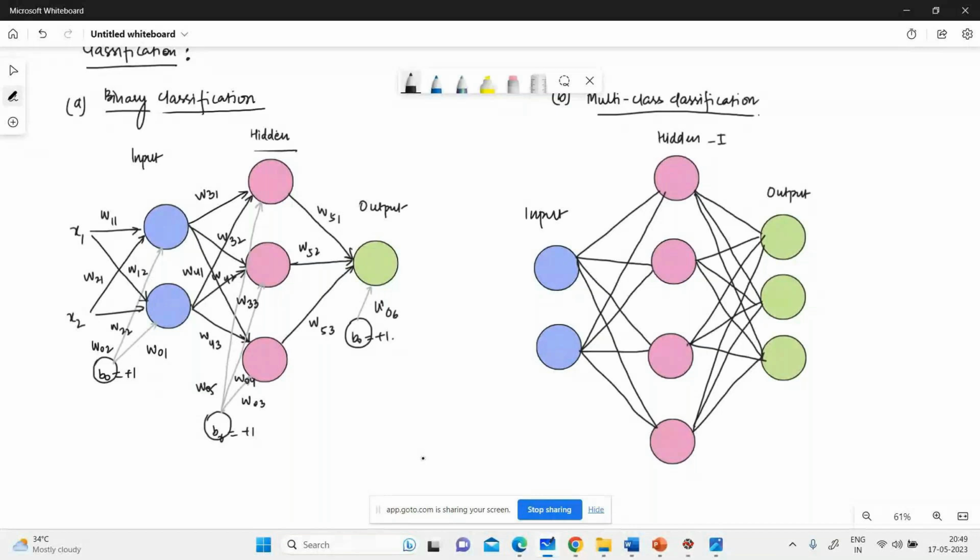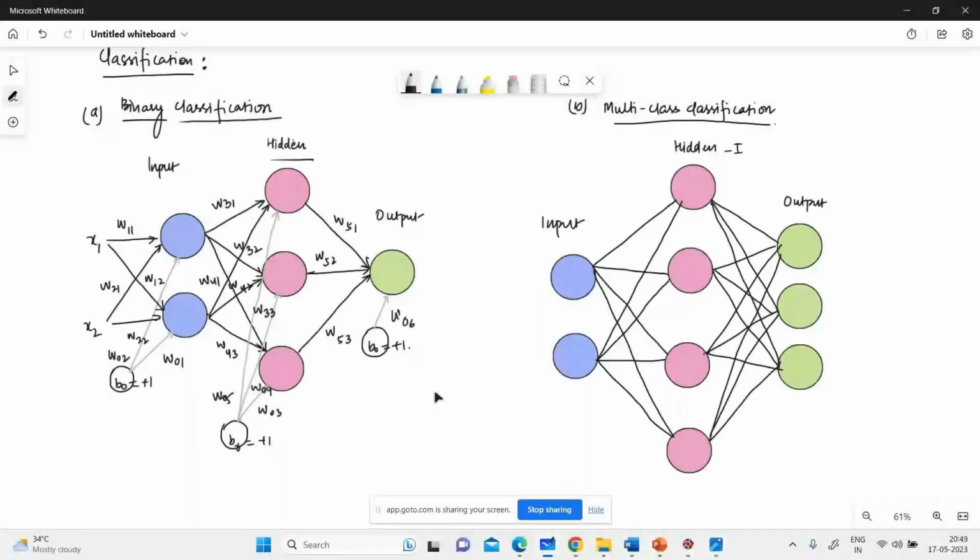Points to remember: we are having binary class classification and multi-class classification, and every layer has got its own biases value. What about the next thing? These will be helpful for you to write the code, write the program.